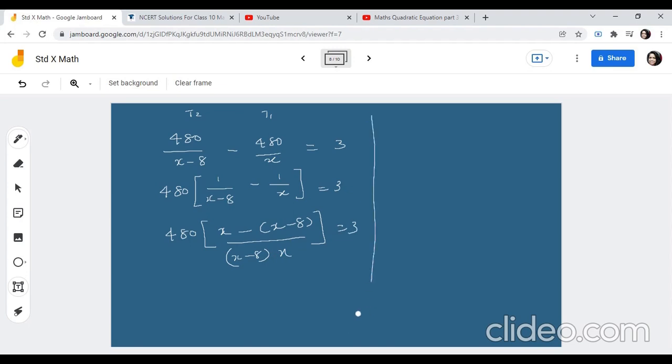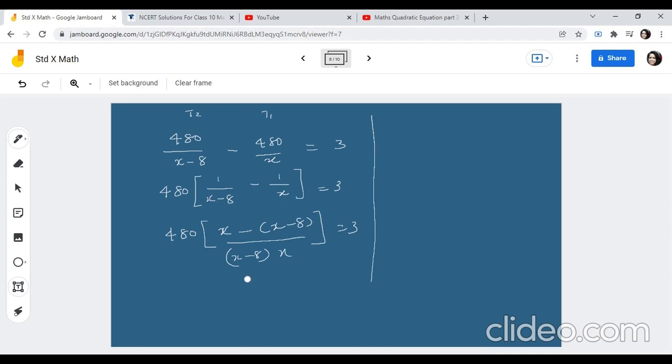Here 1 into x is x, and here it is a minus sign, so put the minus sign here. Here there is more than one term, so I put the bracket: 1 into x minus 8, divided by x minus 8 into x, is equal to 3.